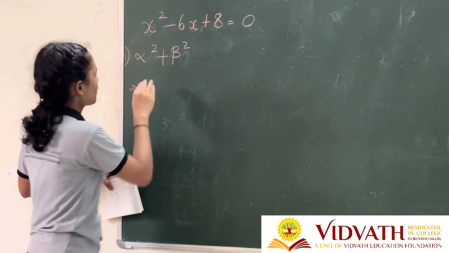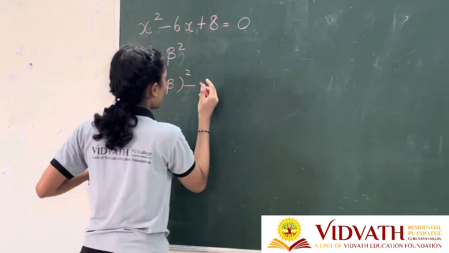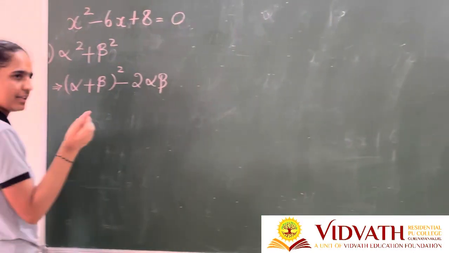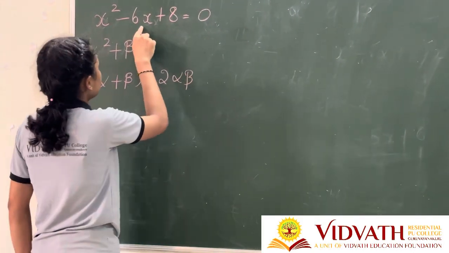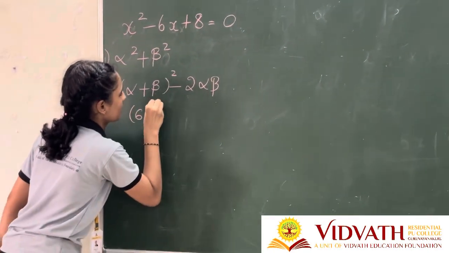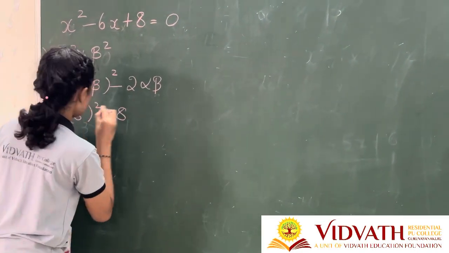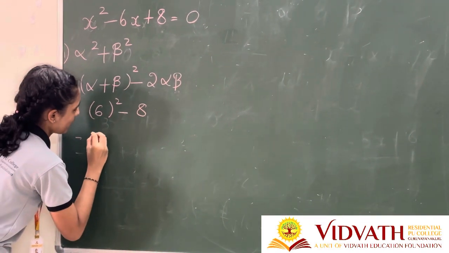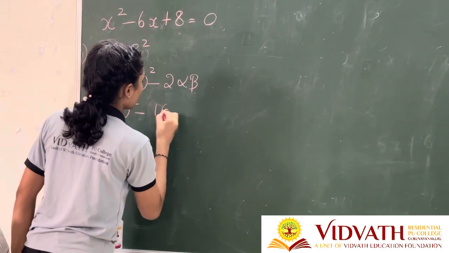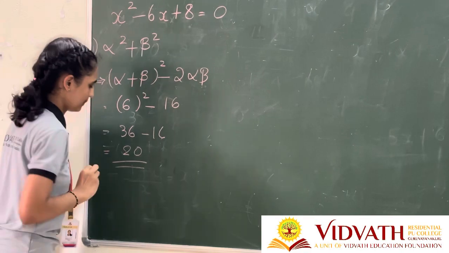So to solve this, we have to write this equation in the form alpha plus beta whole square minus 2 alpha beta. Isn't it? Alpha plus beta means 6. Alpha beta is alpha into beta, 8. 6 square is equal to 36. Minus 16, we'll get 20.